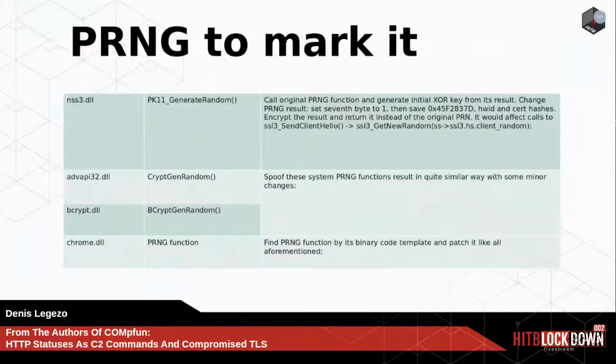And in reality, not so many libraries are in charge of generating these pseudo-random numbers. In the case of browsers, for example, Firefox, Mozilla's browser, uses NSS, in this case nss3.dll. Chrome browser uses its own DLL, dynamic linked library, quite a huge one.